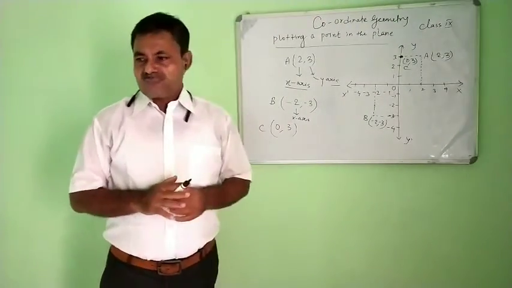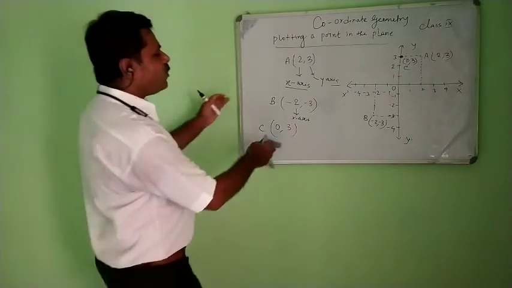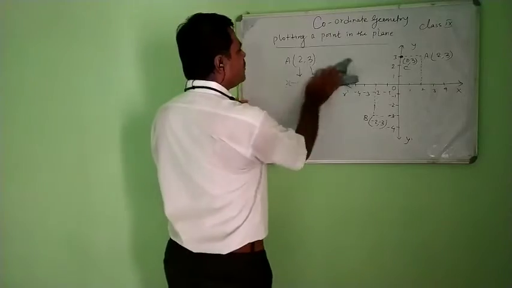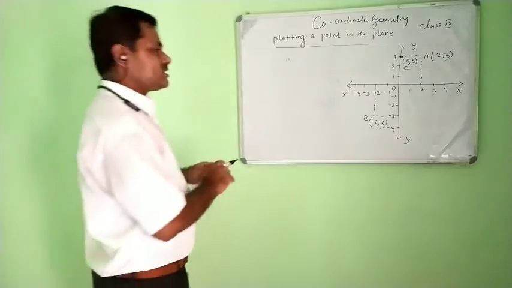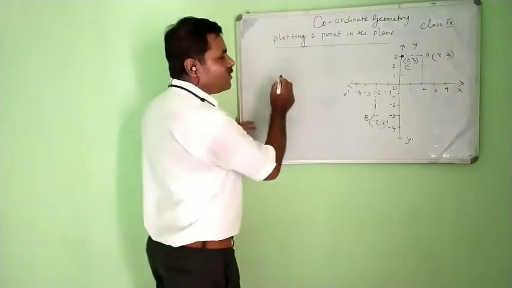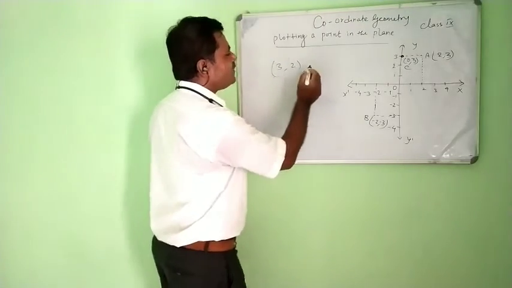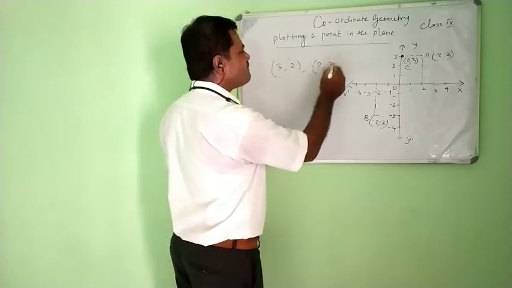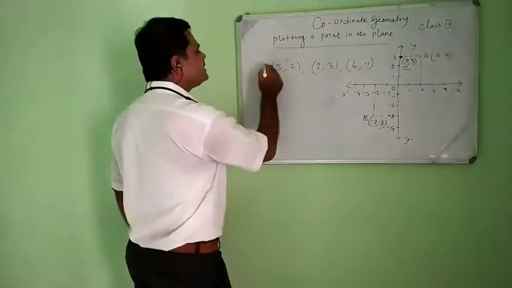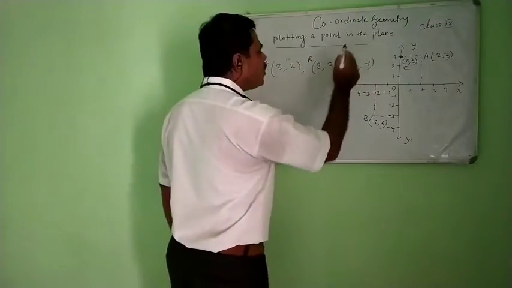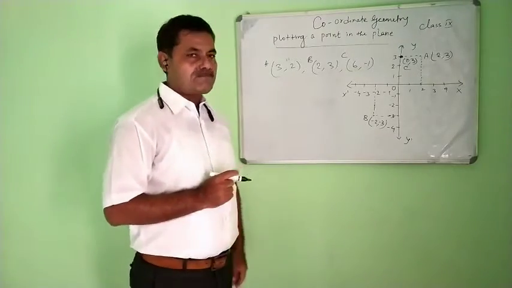Now let's come to this. Sometimes points are given to you and you are asked to check whether they are collinear or not. For example, if you are given (3, 2), (2, 3) and (6, -1), these points are to be plotted and you must find whether they are collinear or not.